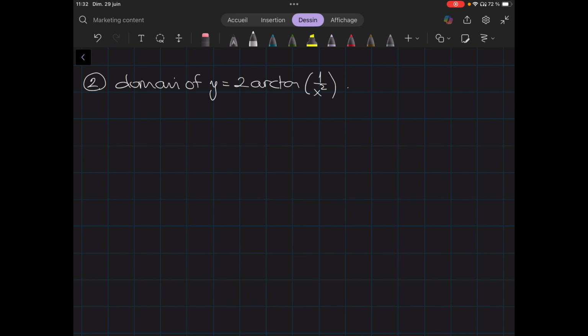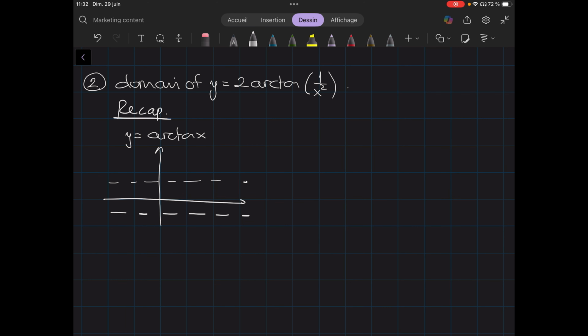Question 2 asked us to find the domain of y equals 2 arctan of 1 over x squared. Another quick recap. The graph of y equals arctan of x looks like this. The horizontal asymptotes are at y equals plus or minus pi by 2, and the function is defined for all x.